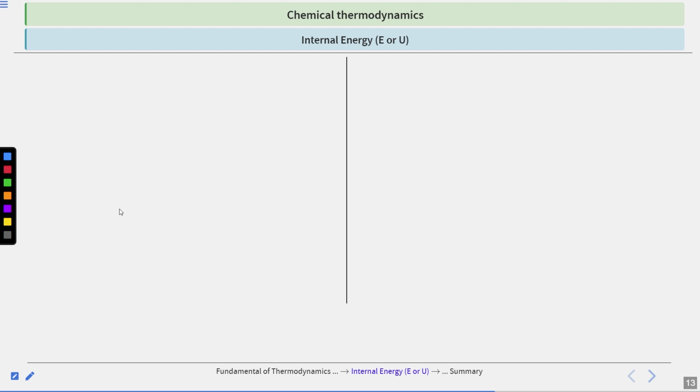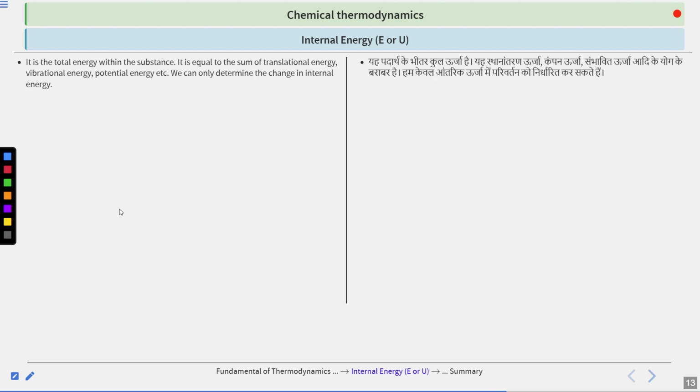Then we have internal energy. This is very, very important. What is internal energy? Internal energy is basically the sum of all types of energy a molecule possesses, including translational energy, vibrational energy, potential energy, etc. Every energy that a molecule possesses, the sum of all of this, is called internal energy, and we can only determine the change in internal energy because it is very difficult to analyze each and every type of force present inside the molecule.